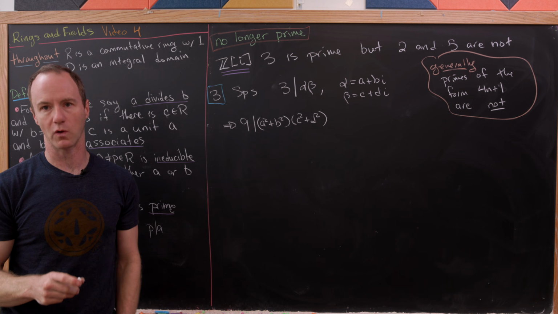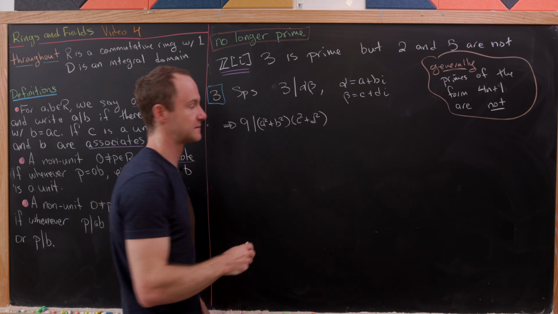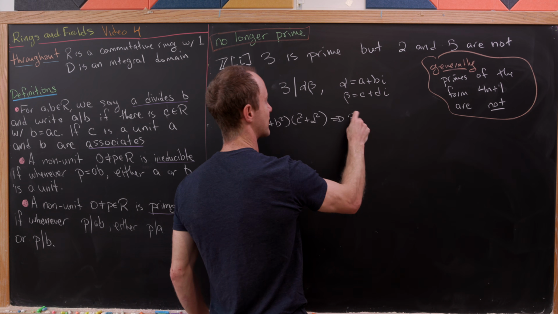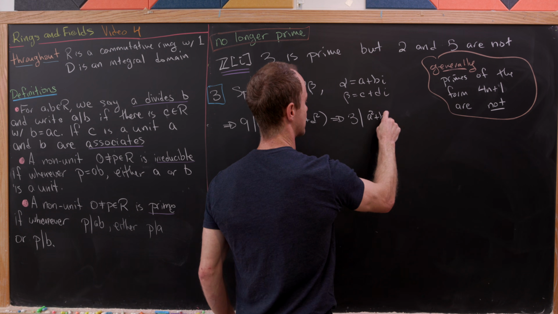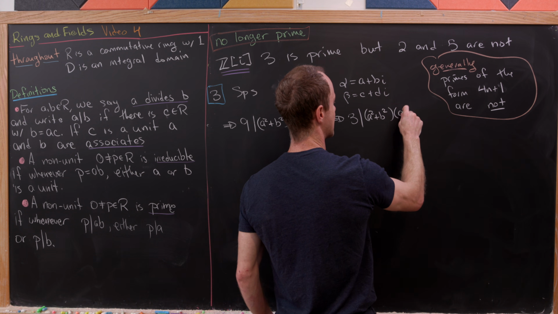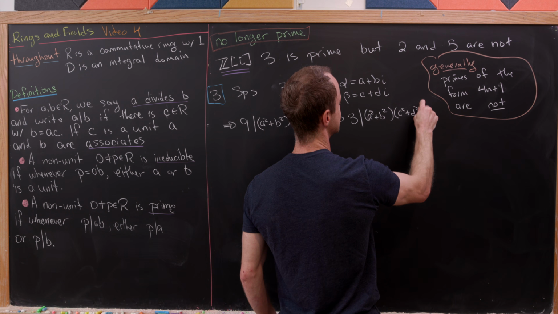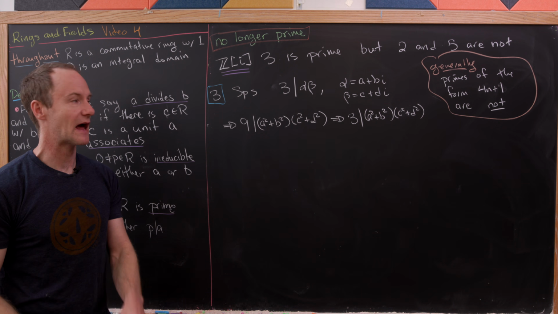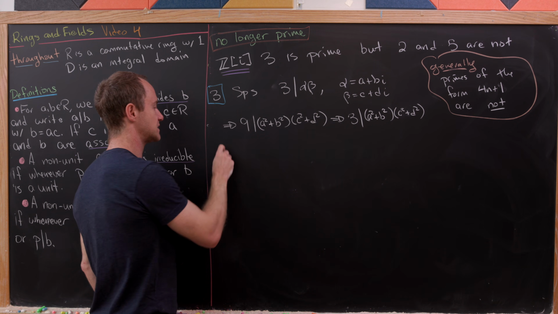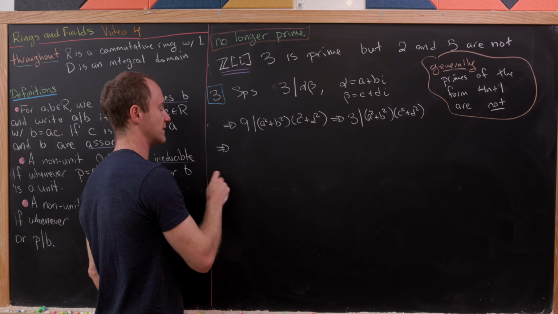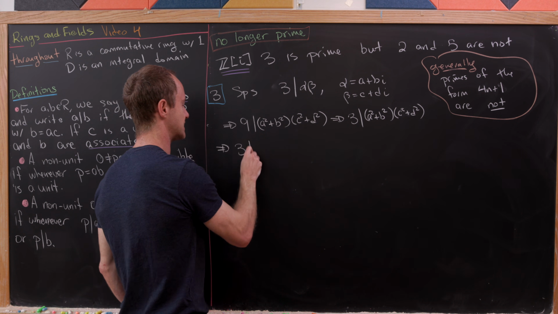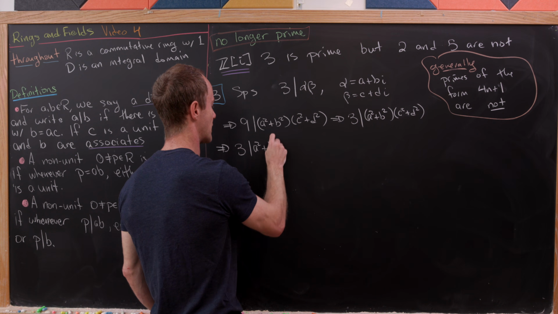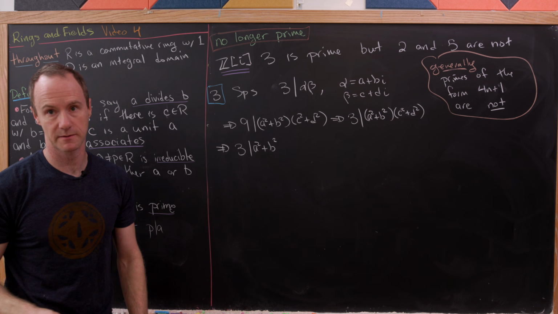There I just took the norm of both of those terms. But notice that means that 3 divides a squared plus b squared times c squared plus d squared. If 9 divides something, then 3 divides something. But now 3 is prime, so that means that 3 divides one of those. And without loss of generality, let's assume that 3 divides a squared plus b squared.